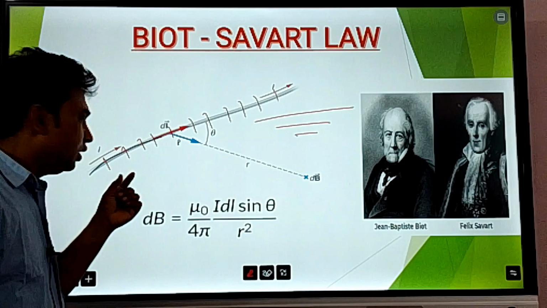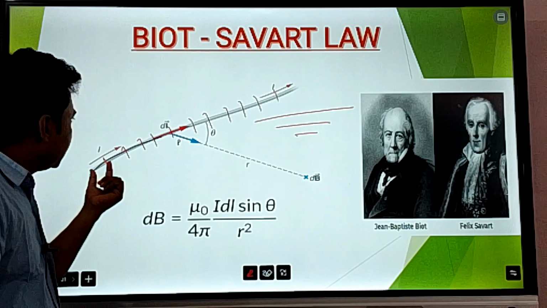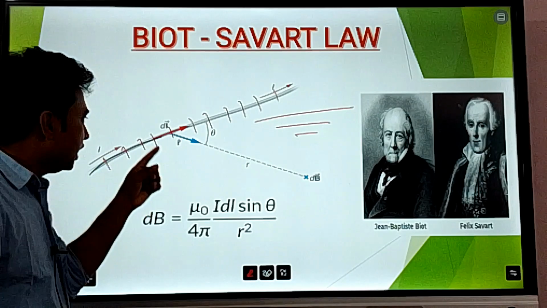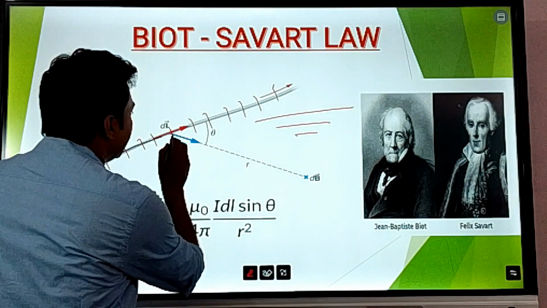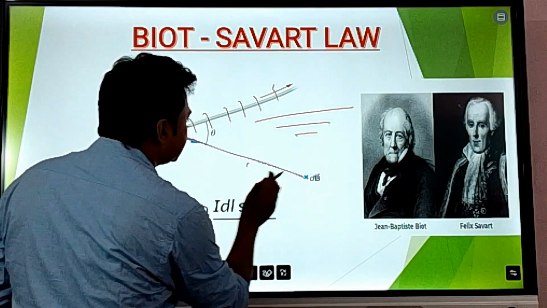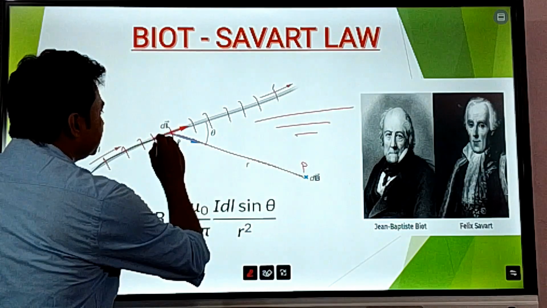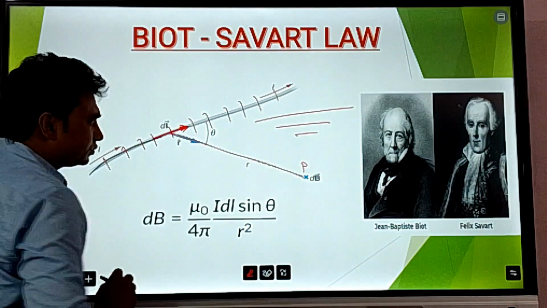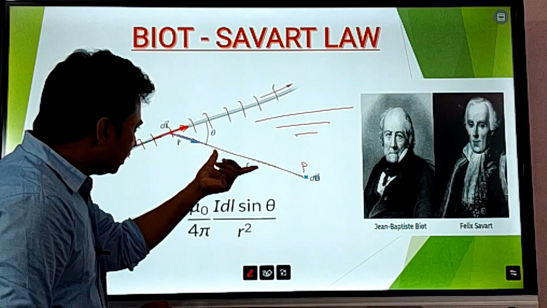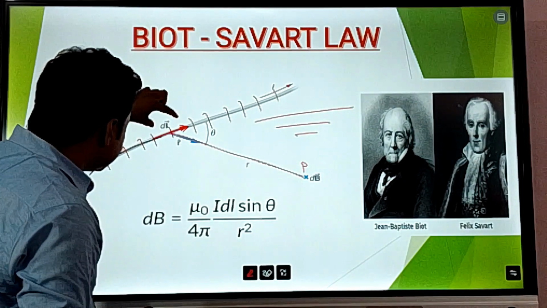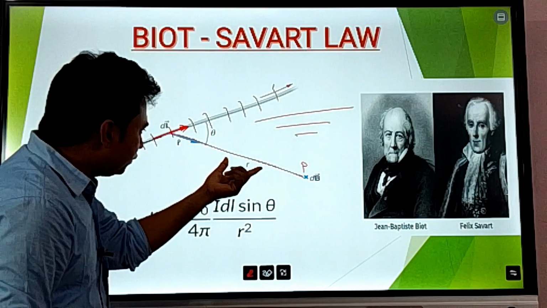So this small current element is compared with the length r. This is the distance between the point P, our observation point, and our small current element.